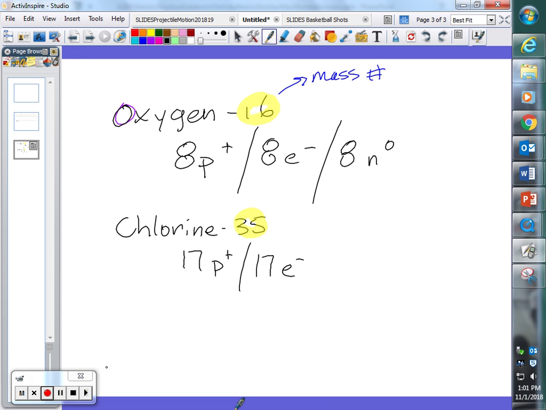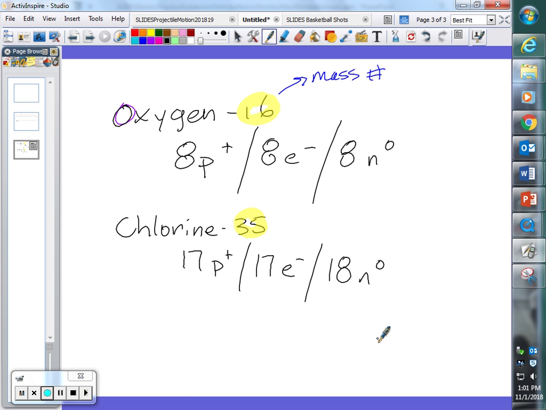There will be 18 neutrons. Notice, protons and electrons have to be the same. But do neutrons have to be the same as the other two? No. Sometimes they are, and that's okay, but they don't have to be.